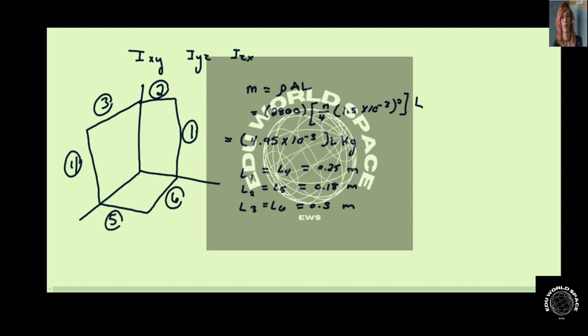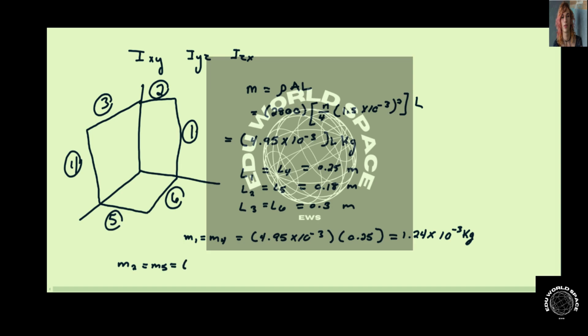So what you can do now is plug in what we have for M1 equals M4. So we have 4.95 times 10 to negative 3 times 0.25, and from this, we get 1.24 times 10 to negative 3 kilograms. And M2 equals M5.